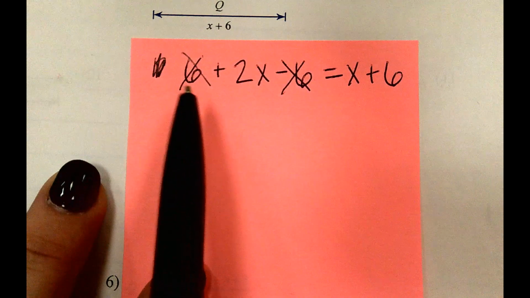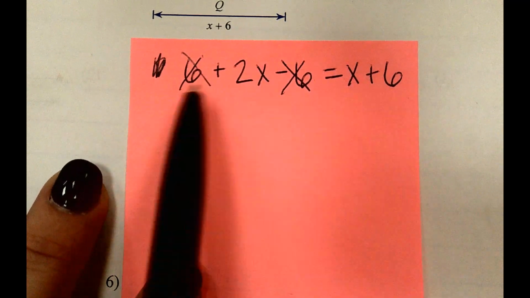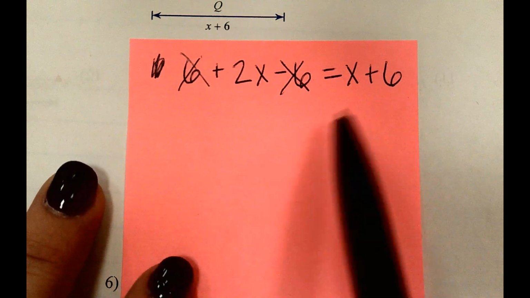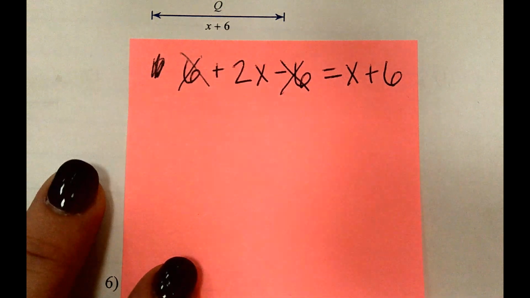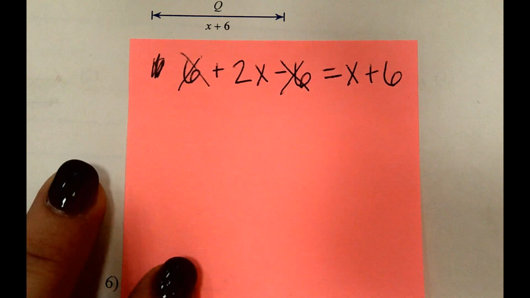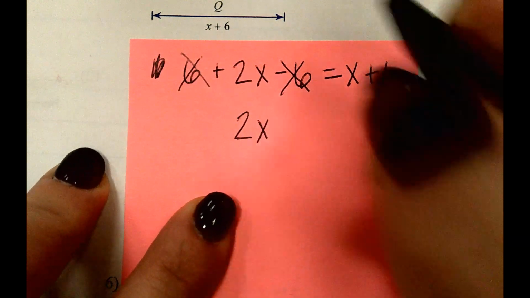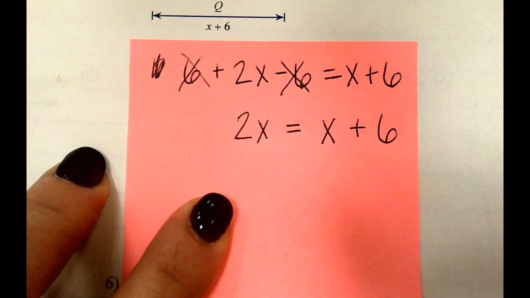You could also, of course, add 6 to both sides and then subtract 6 from both sides, but that'll end up just canceling again. Okay, so what do I do now? 2x equals. Yeah, let's just rewrite everything. Let's just bring it all down, make a nice, neat new problem. 2x equals x plus 6.